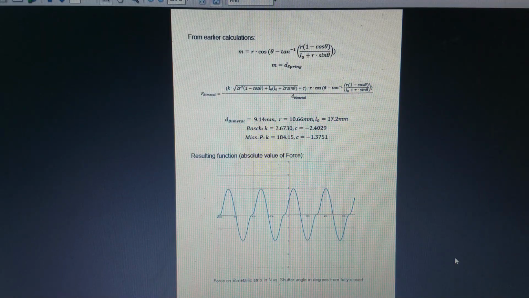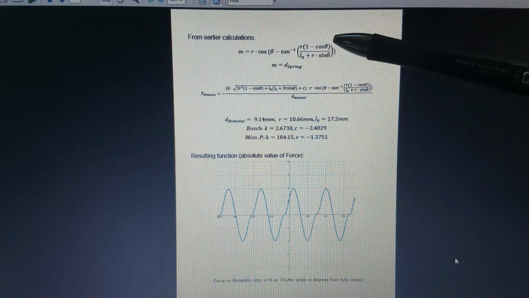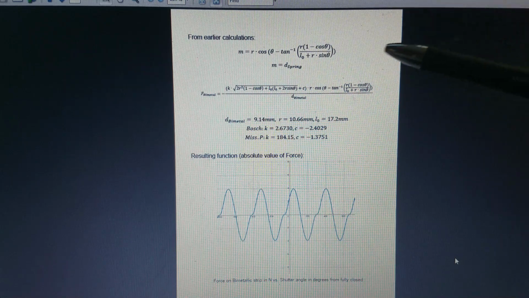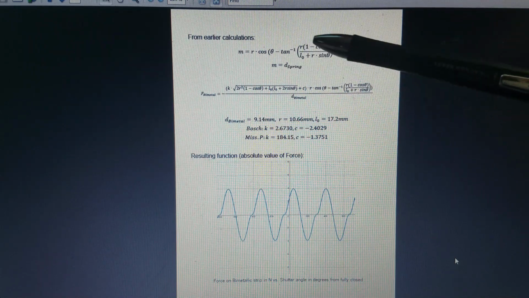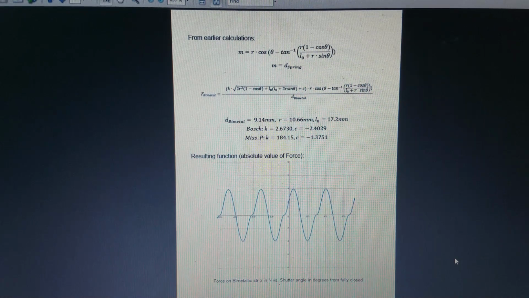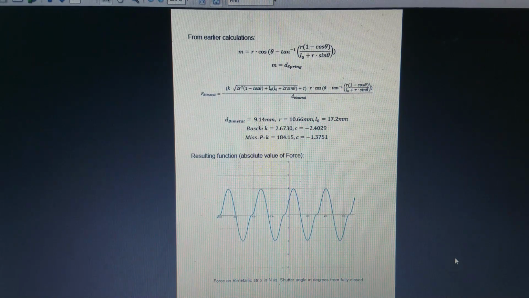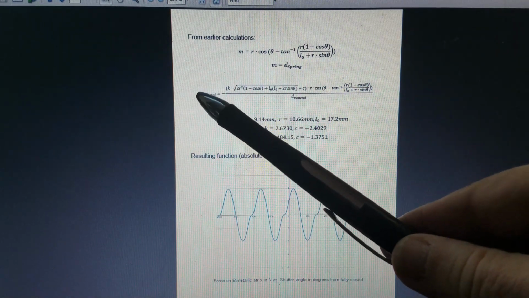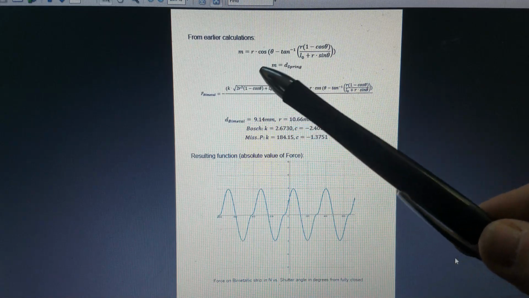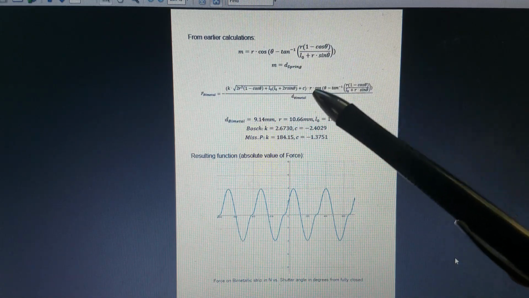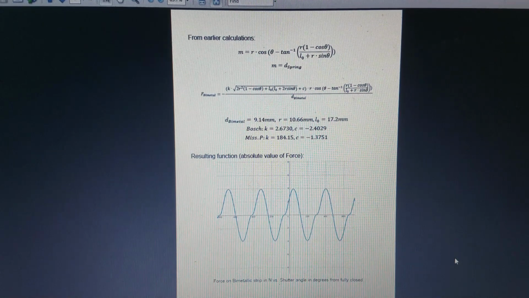So my moment arm M that we had calculated earlier was this, and M of course is what I called in the previous diagram D spring. So once again we have the equation F bimetal is negative F spring times distance from rotation spring over distance from rotation bimetal.